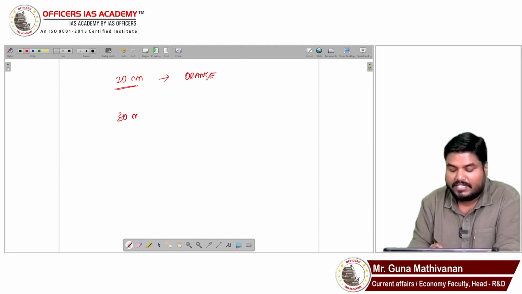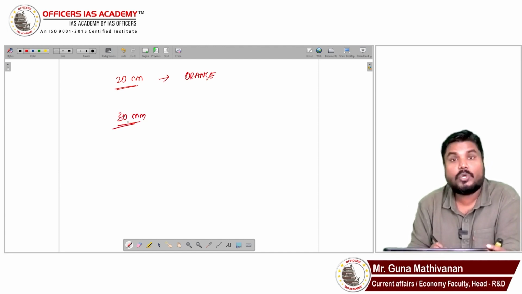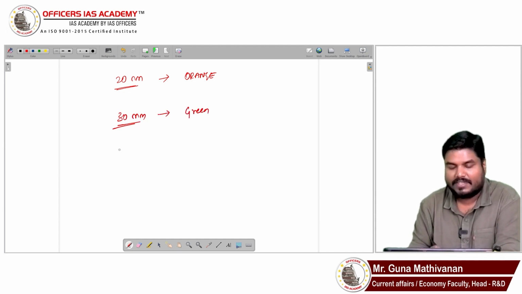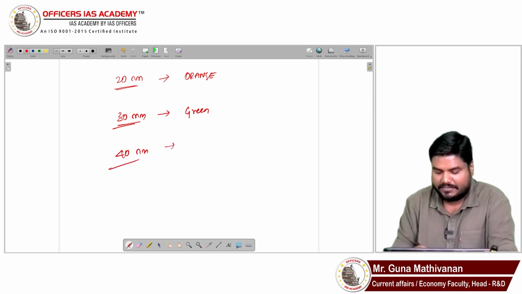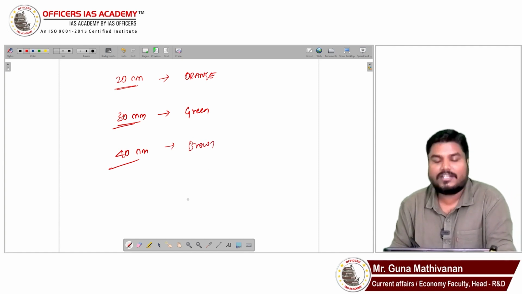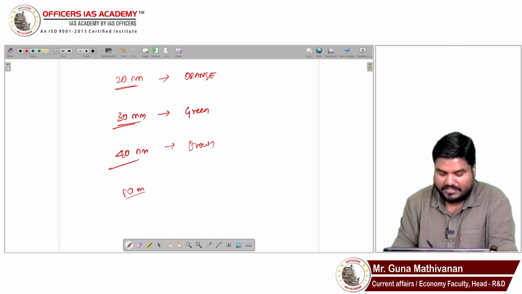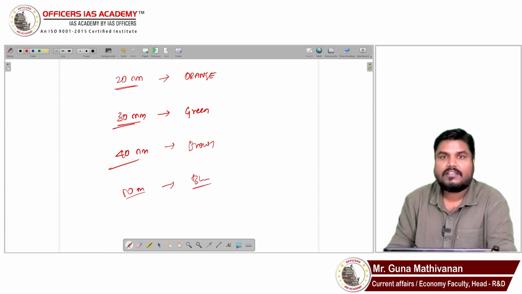Assume I have 30 nanometers of gold, now it is green. With 40 nanometers, as I reduce the size, I get brown color. At 50 nanometers, I get blue color.